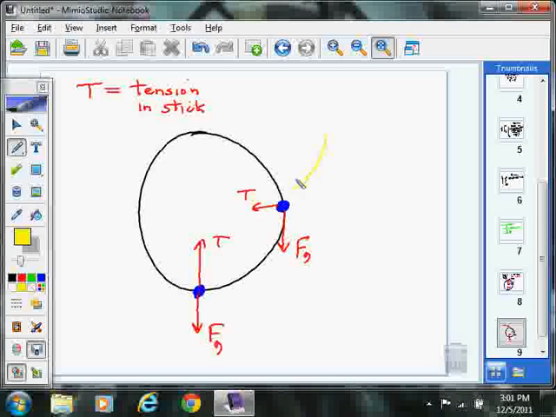So, if you apply the centripetal force formula for that point there, what force is going to be providing the centripetal force? What's the expression that I'm going to substitute in for F sub c at that 3 o'clock position? Only the tension.